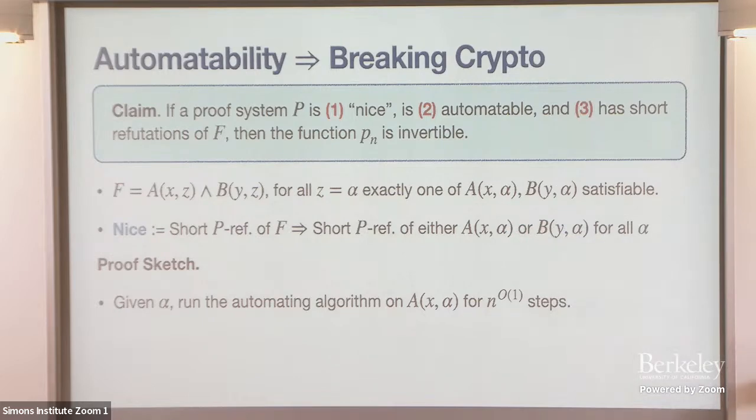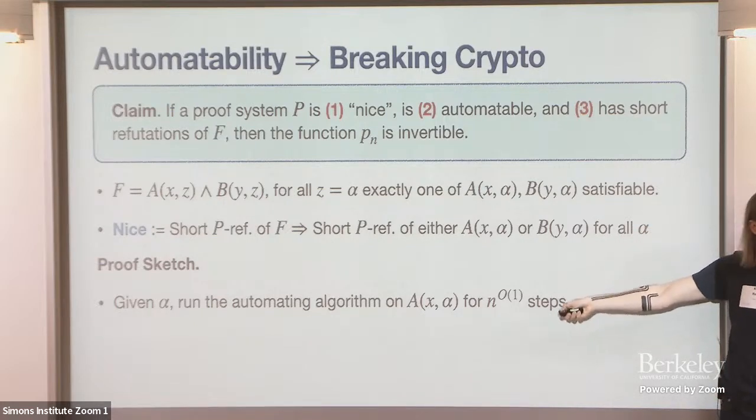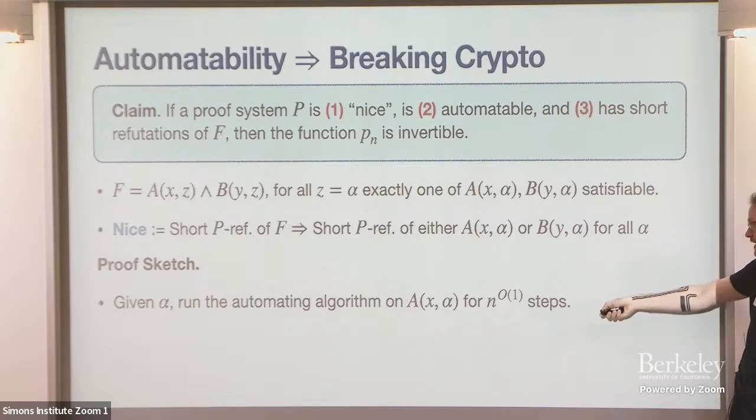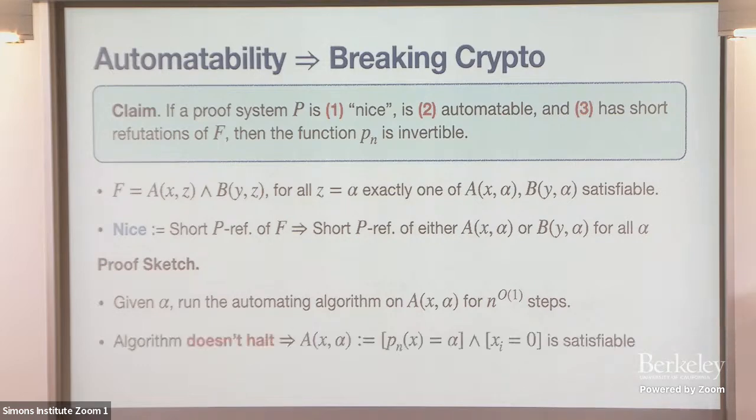Since the proof system is nice, and since I have a short proof of f, I can just run the automating algorithm on A of alpha for, say, polynomially many steps, right? After I've done this, if the algorithm hasn't halted at this point, because there is a short proof of A of alpha, that means that there's no proof of A of alpha.